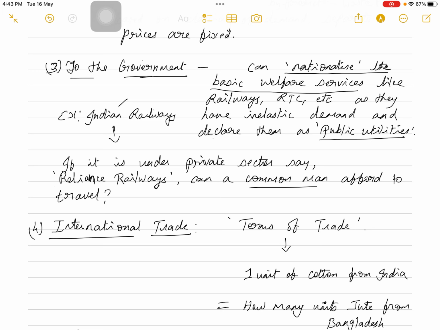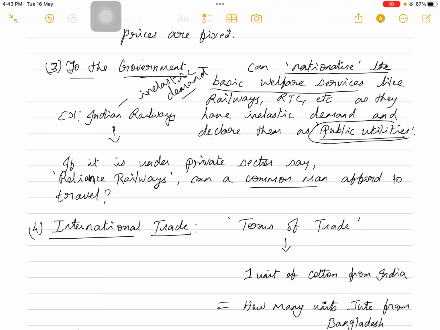Indian Railways has inelastic demand. People have to travel, there is no other alternative. So all those essential services, post and telegraphs, railways, road transport, power supply, water supply, are essential services. So the government can declare them as public utilities.